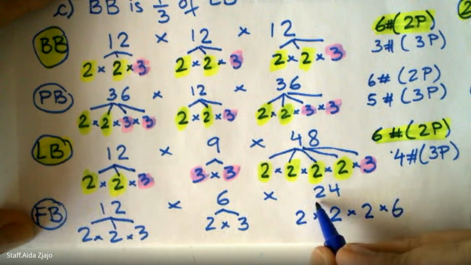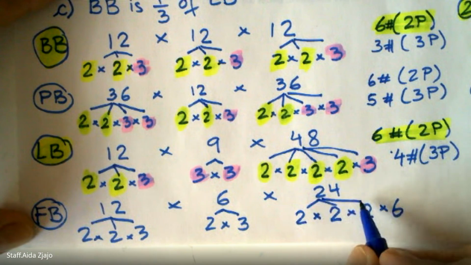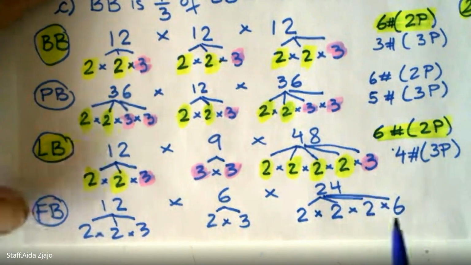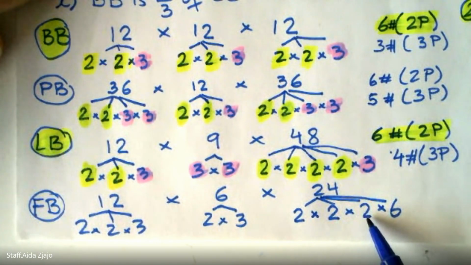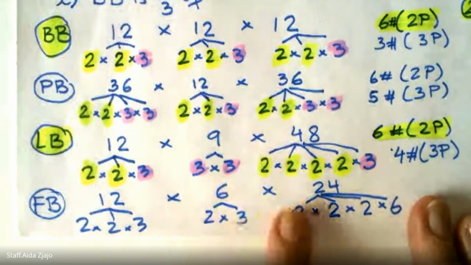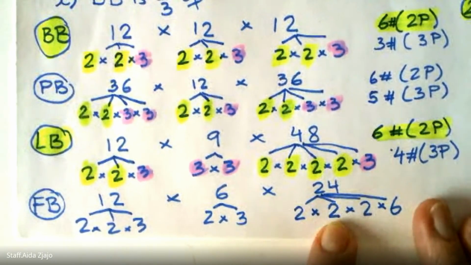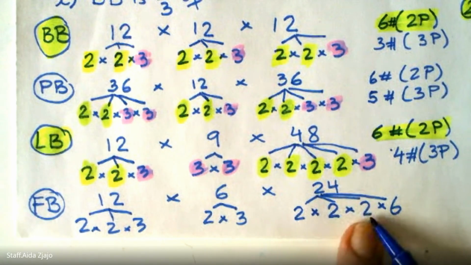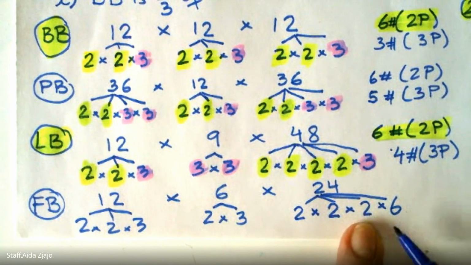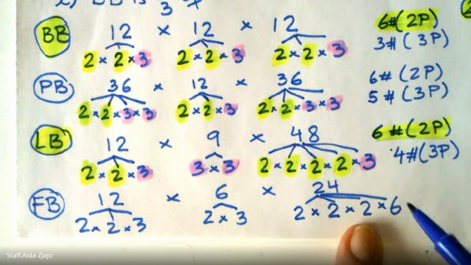So you can always check if you are correct, because 2 times 2 is 4, 4 times 2 is 8. You see, I made a mistake. 8 times 6 is not 24.